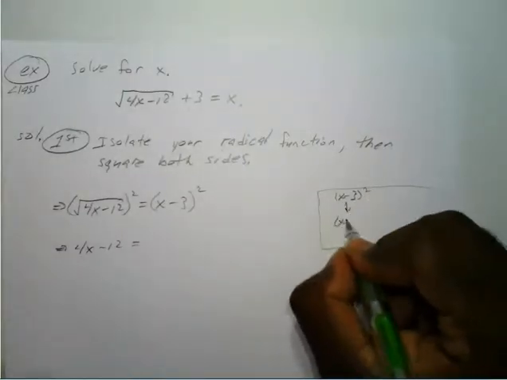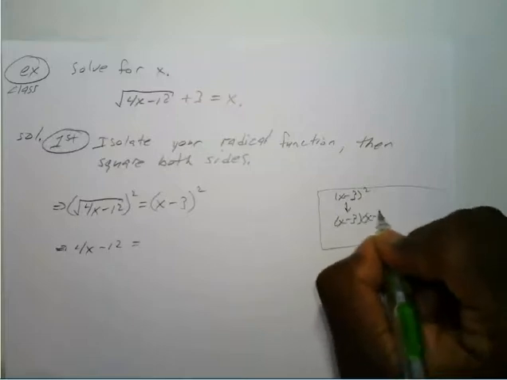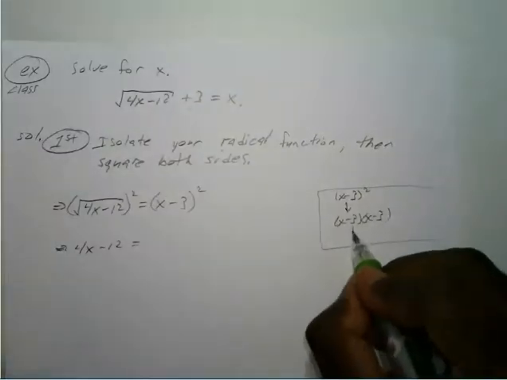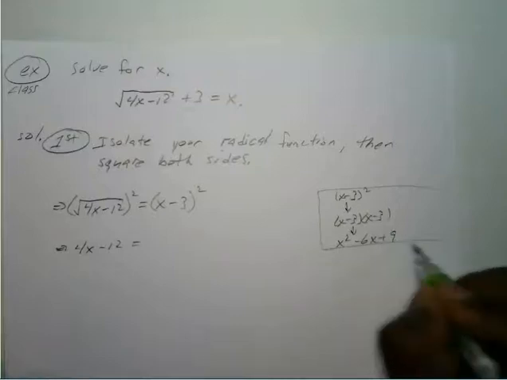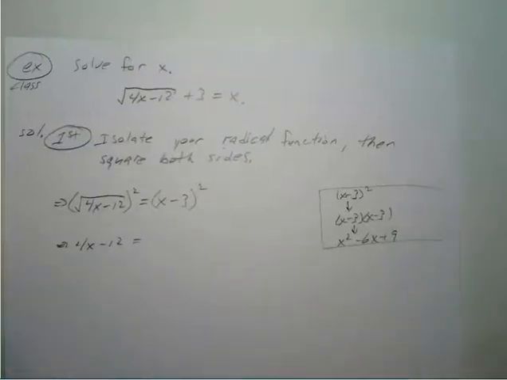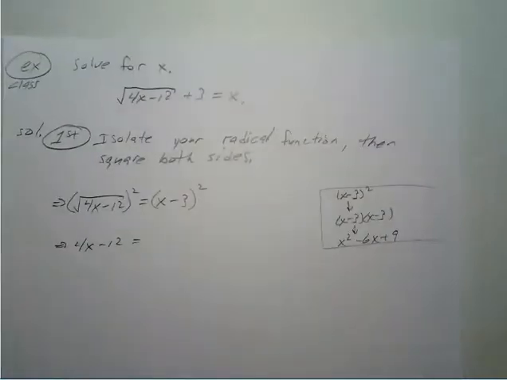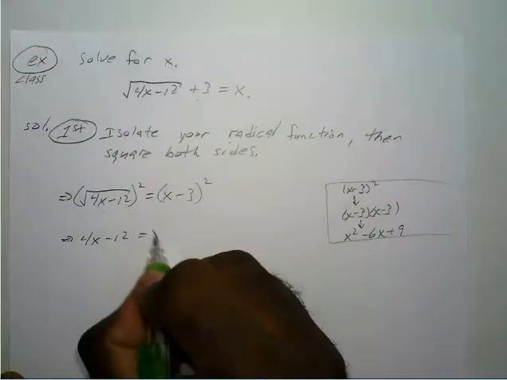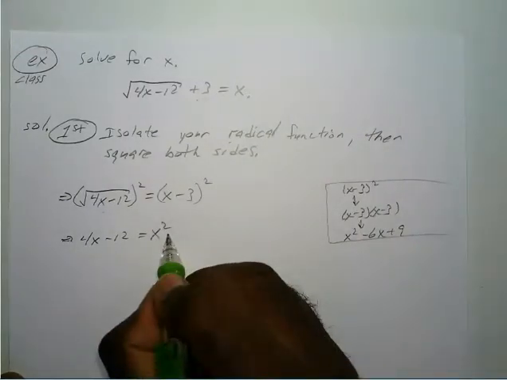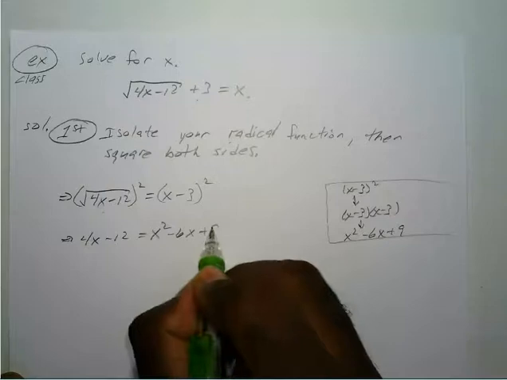Remember, that's just x minus 3 times x minus 3. And using the FOIL method, we have x squared minus 6x plus 9. Let me see if I can clear this up a little. A little bit better. Okay, so x minus 3 squared is x squared minus 6x plus 9.